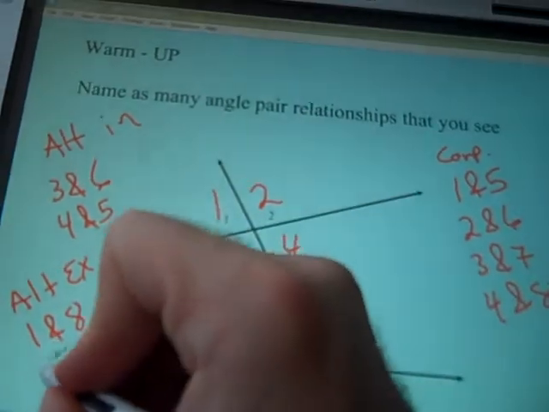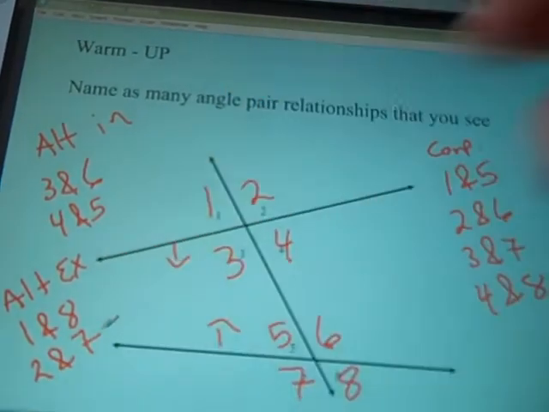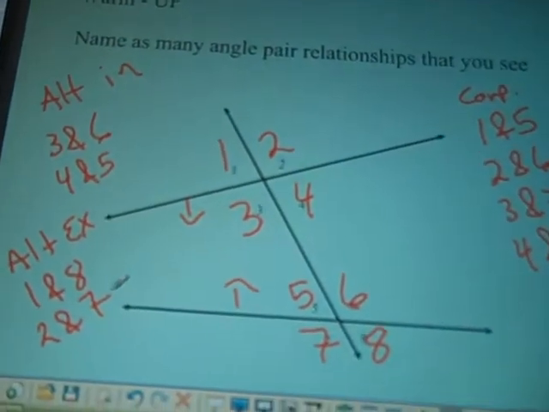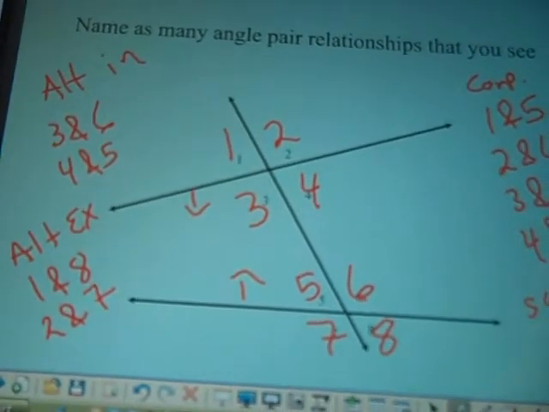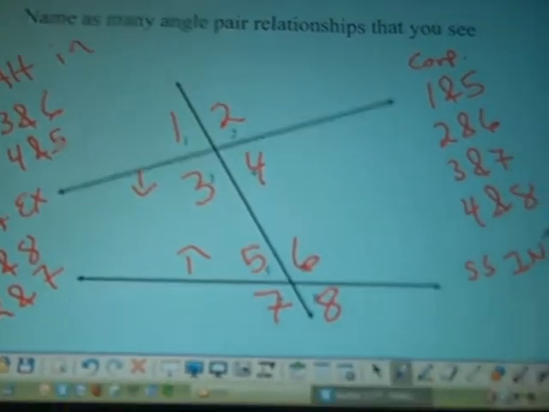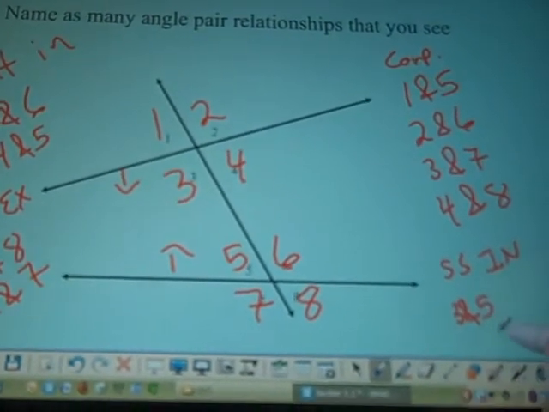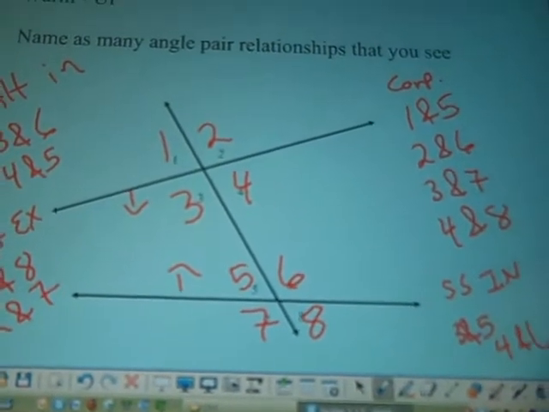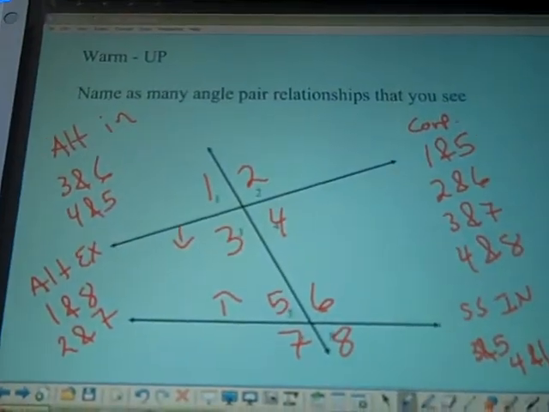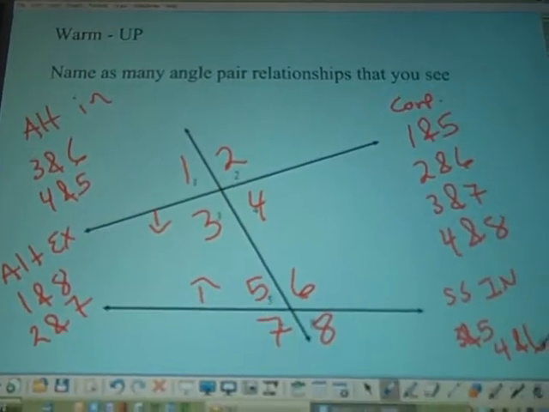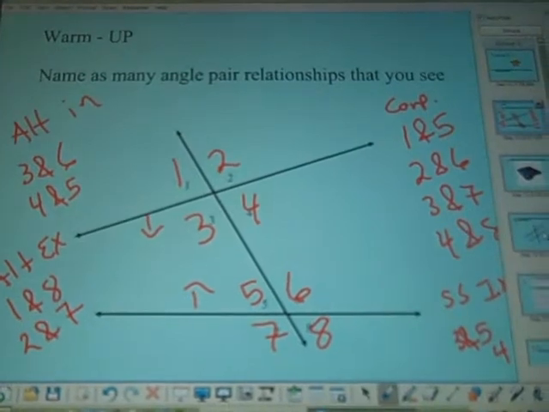And 2 and 7. And finally our same side interiors or our consecutive interiors, 3 and 5 and 4 and 6. There's all of those angle pair relationships.